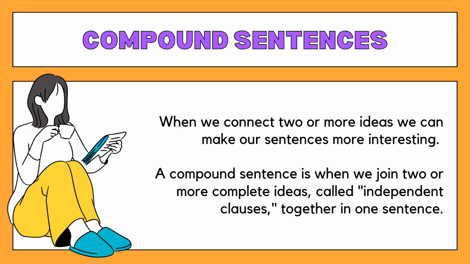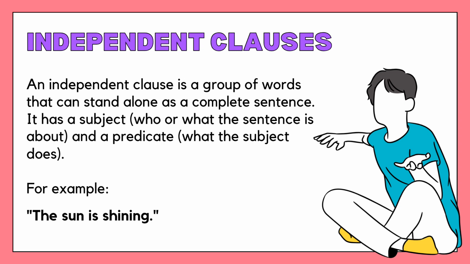For better clarity, let us consider what independent clauses are. An independent clause is a group of words that can stand alone as a complete sentence. Hence, the word independent is used to qualify them. It has a subject, that is, who or what the sentence is about, the performer of the action in a sentence, and a predicate, that is, what the subject does.